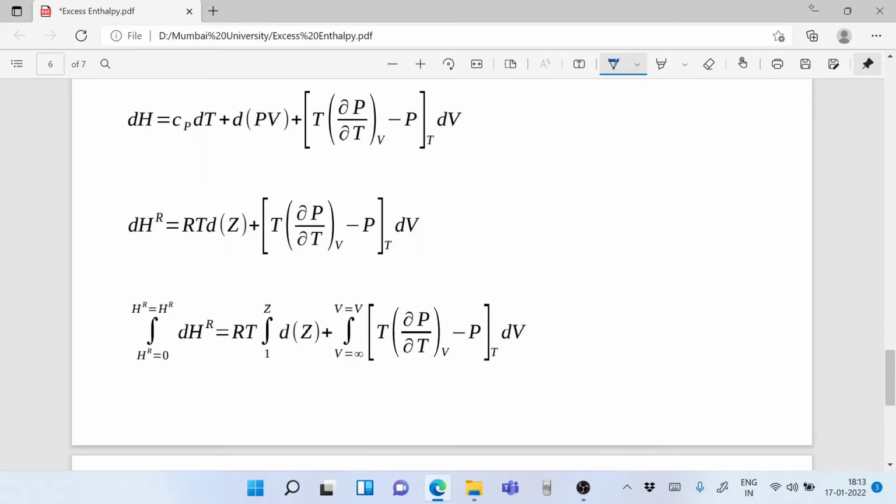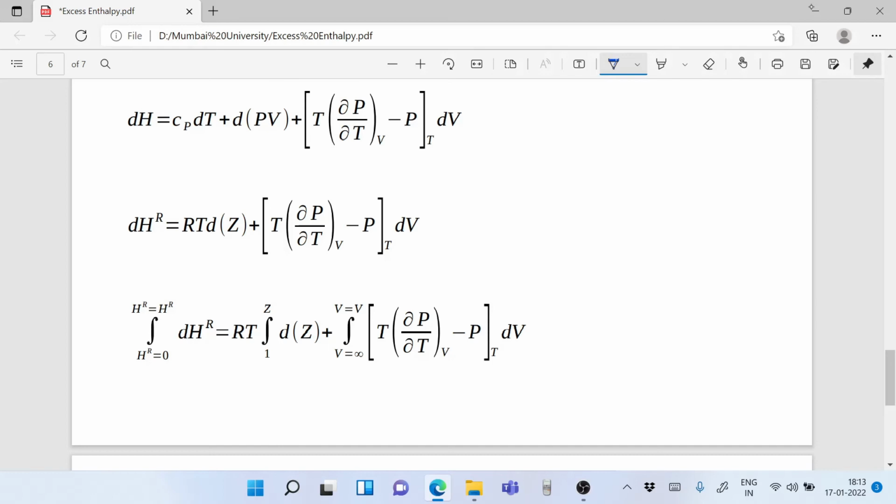So finally, when we apply the integration, we put the limits from HR equal to 0 to HR equal to HR. Now, at the base condition, it is assumed that the fluid is an ideal gas. When it is an ideal gas, the pressure is very, very low and the temperature is whatever the base temperature is.